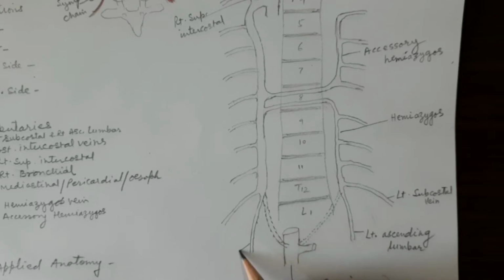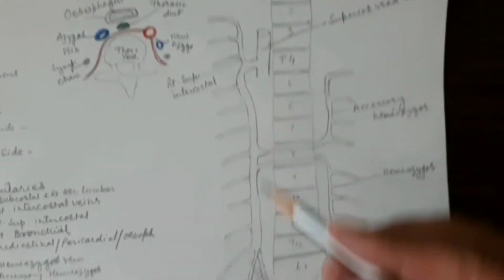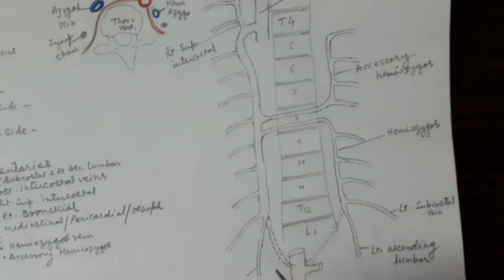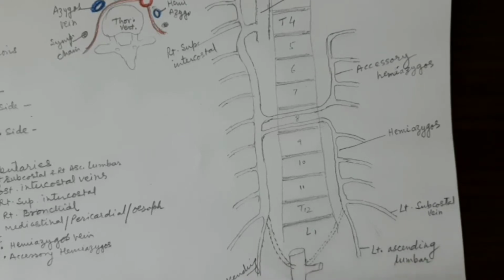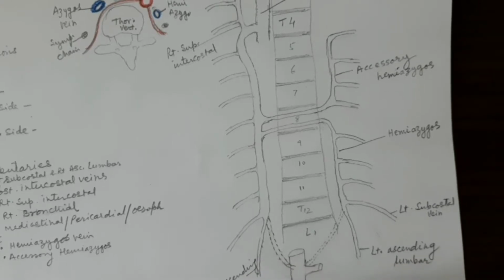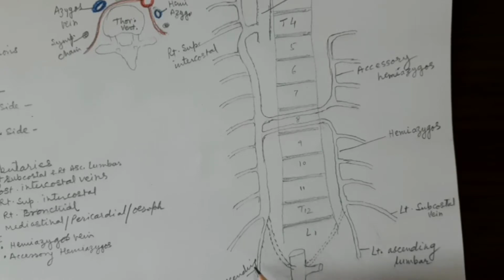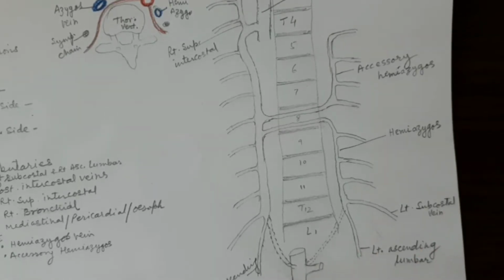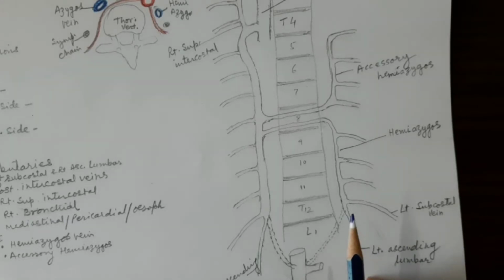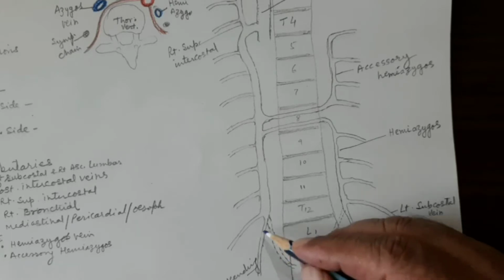This is the right side of the diagram. So it begins by the union of the right ascending lumbar vein on the right side, which will join by the subcostal vein, the right subcostal vein.